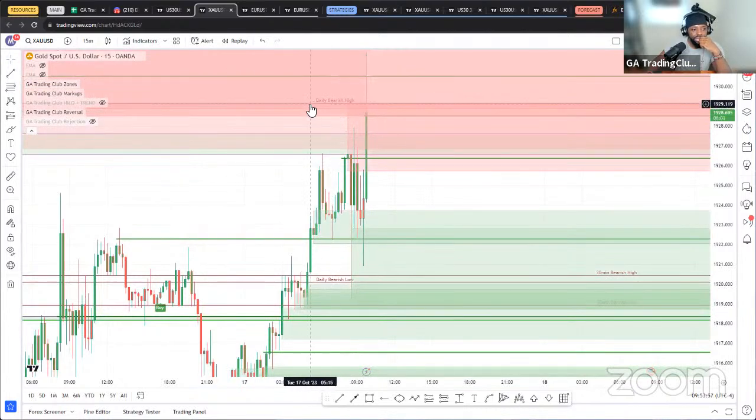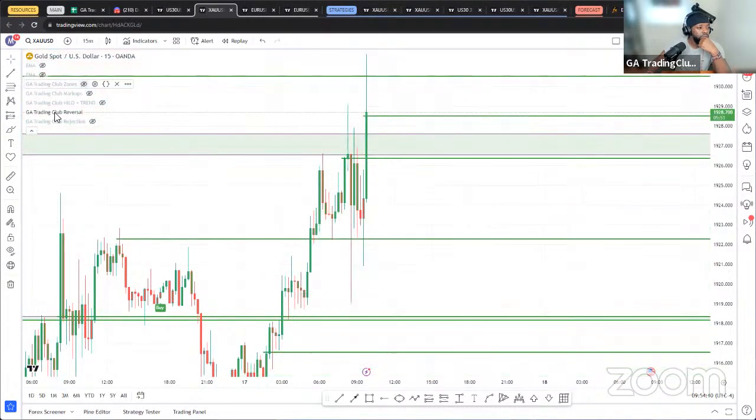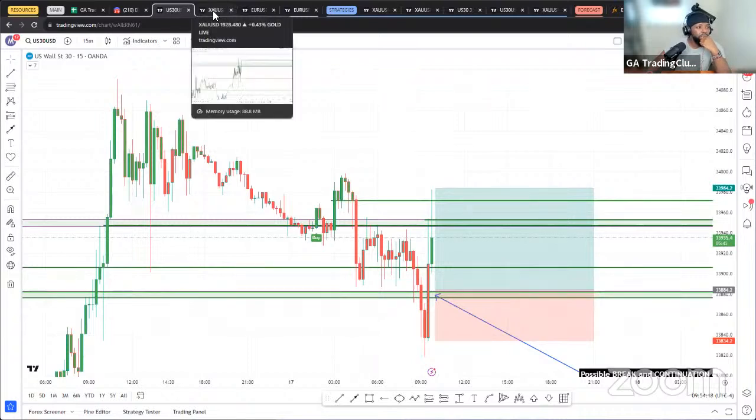And you can see in that little zone, we have more sellers where that daily bearish high order block is. So this is what they might use to bring gold back down. Probably not now, but we are testing that bearish OB. So let's see, US 30, 5 more minutes, see what's gonna happen.